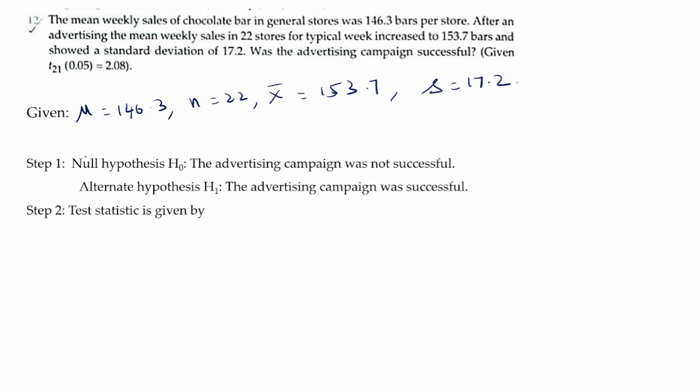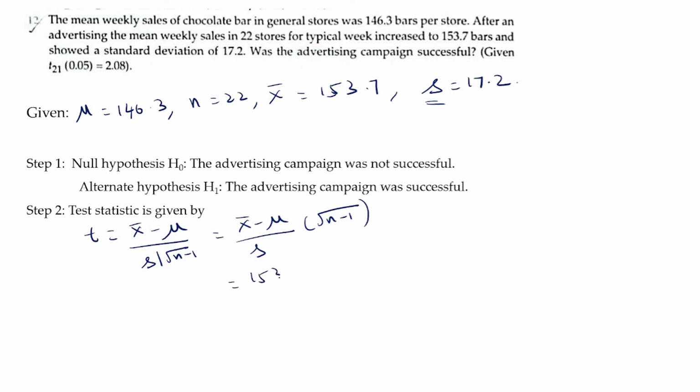Now the test statistic is given by t is equal to x bar minus mu upon s upon root n minus 1, or it is x bar minus mu divided by s into root of n minus 1.